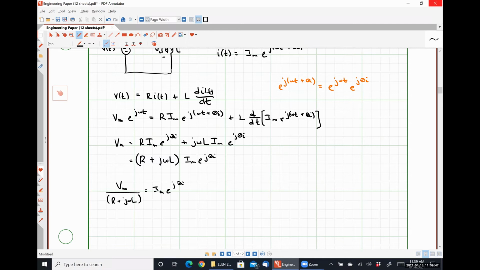At this point, we need to recognize something that maybe isn't intuitively obvious. The number on the right-hand side, Im e to the j theta I, is simply a complex number in polar form. It has some magnitude, Im, and some phase angle, theta I. The number on the left-hand side, Vm divided by R plus j omega L, is also a complex number, just in rectangular form.